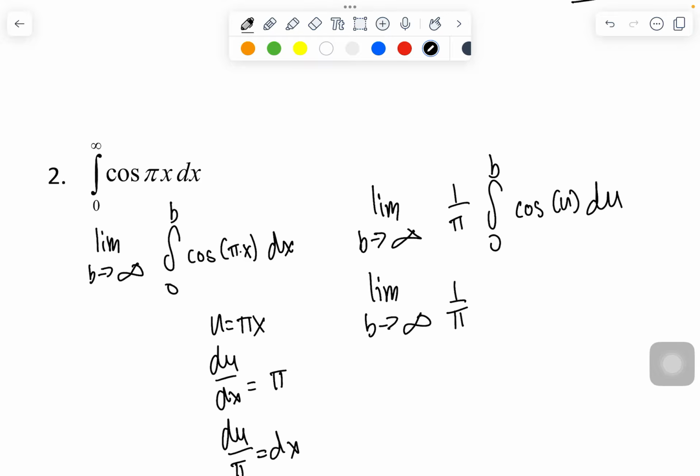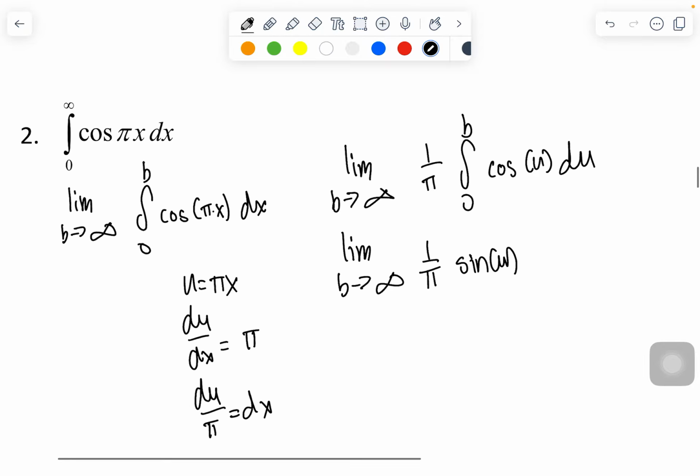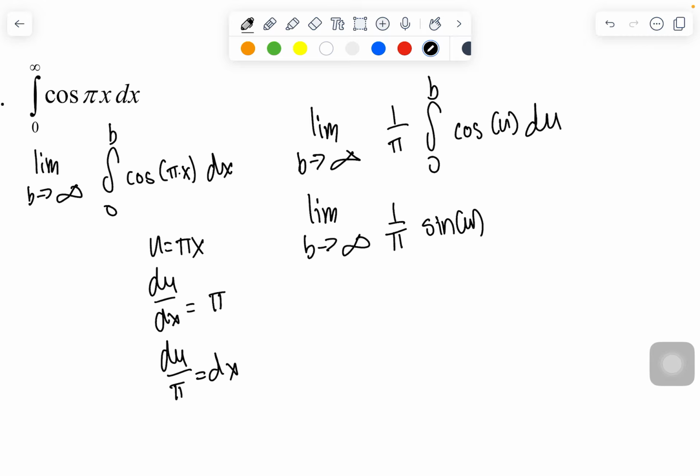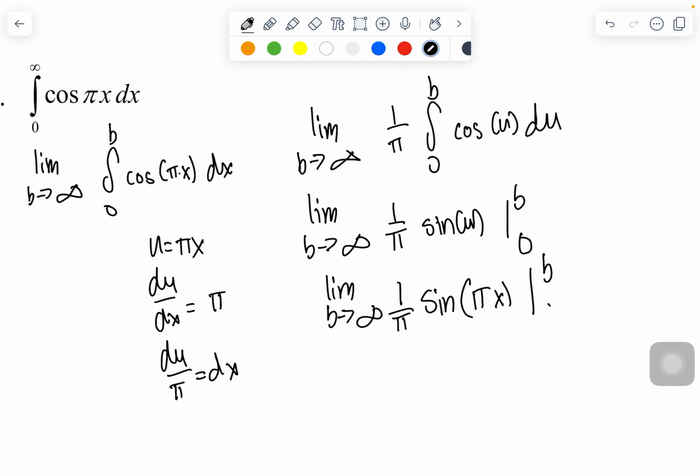And then we know the integral of cosine of u is just sine of u. Since it's definite, we don't need a constant of integration, from b to 0. And then we'll plug our x back in for u, which was sine of x from b to 0.